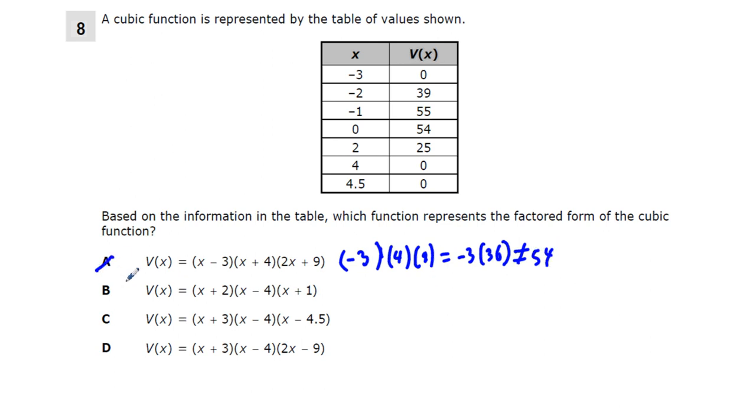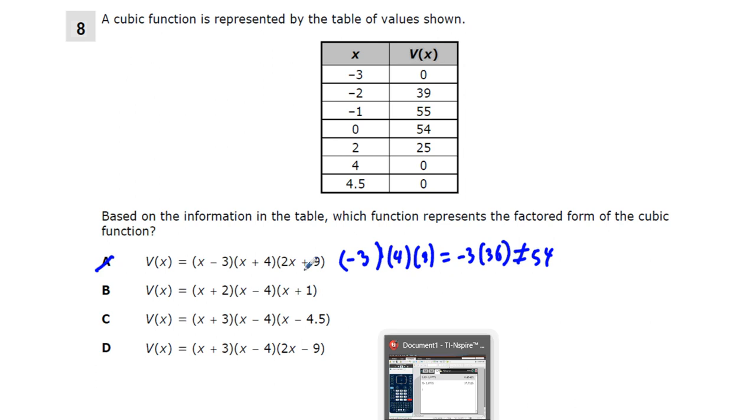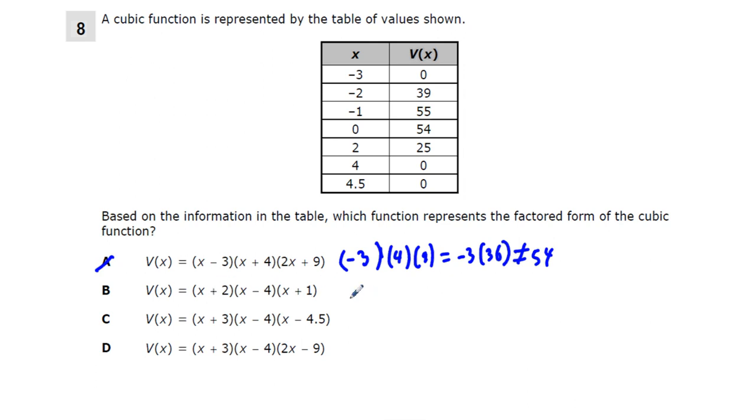So that's incorrect. If we take this next one here, 2 times -4 times 1, we're going to get -8, which is again not equal to 54. For this next one, we're going to have 3 times -4 times -4.5.